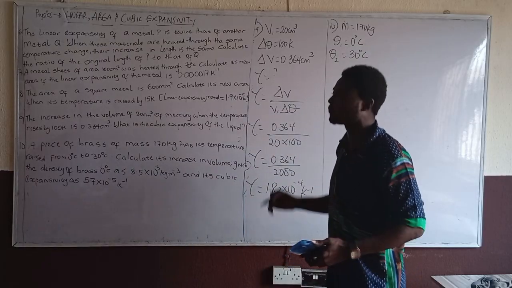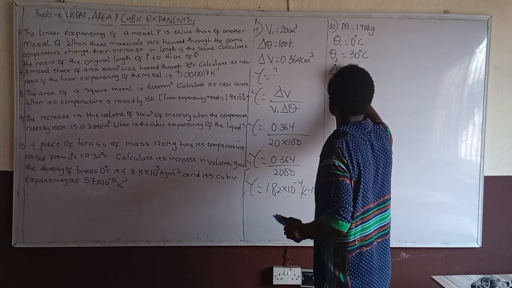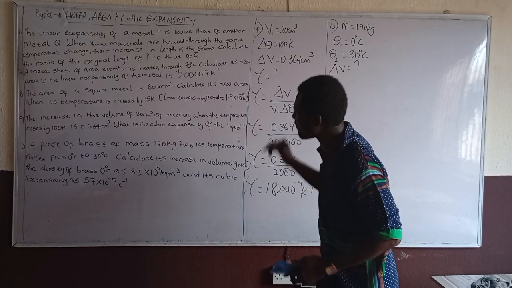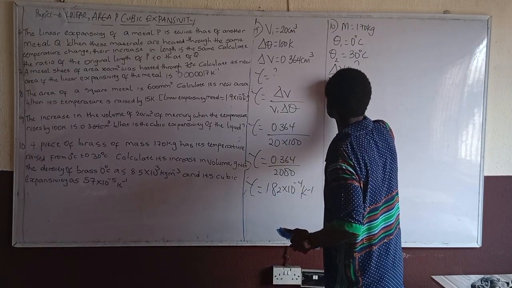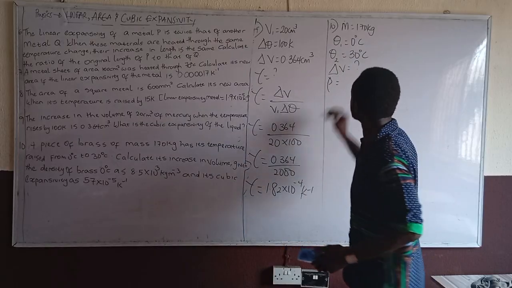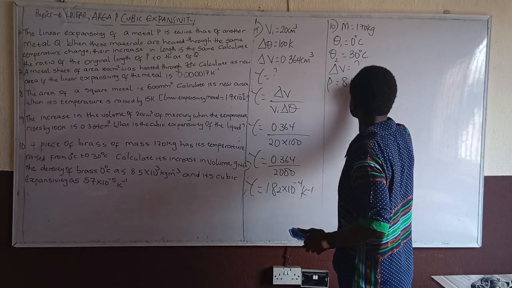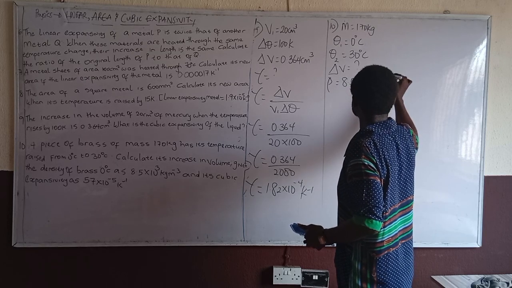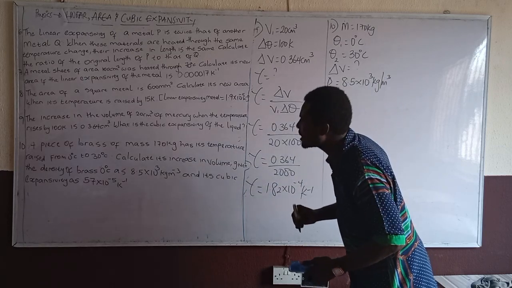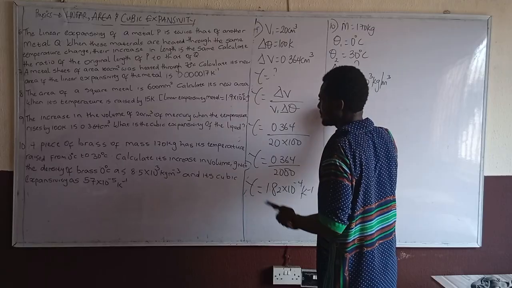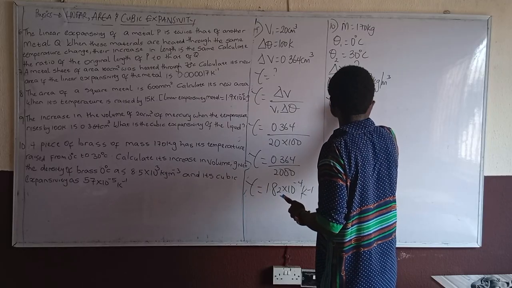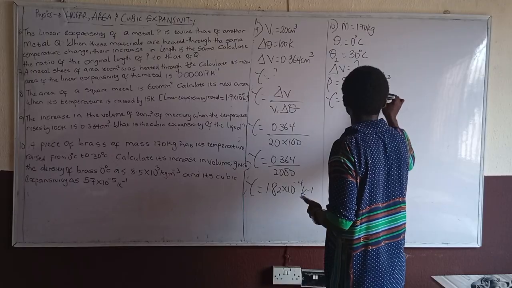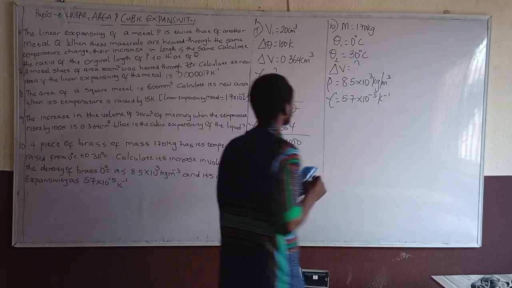Calculate its increase in volume, that is delta V. Given that the density of brass, rho, is 8.5 times 10 raised to power 3 kilogram per meter cube, and its cubic expansivity is 5.7 times 10 raised to power minus 5 per Kelvin.